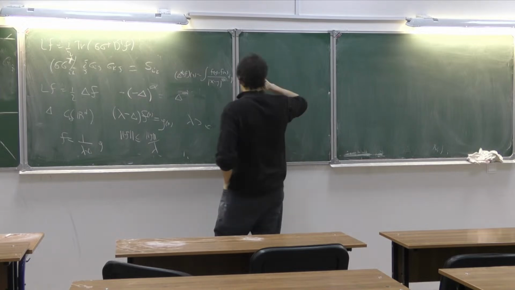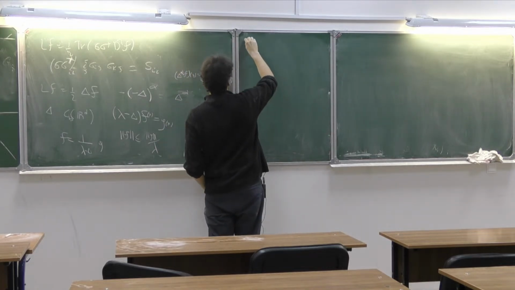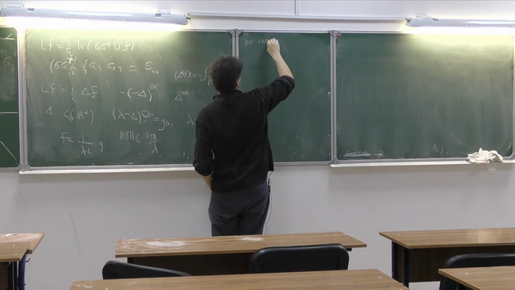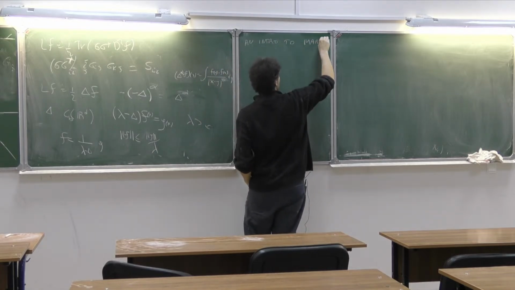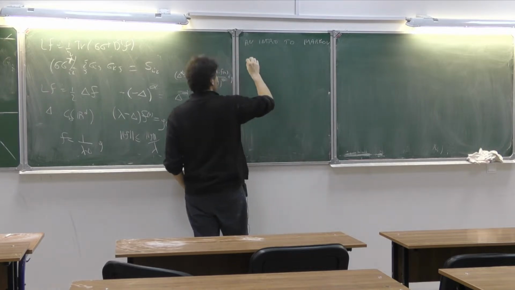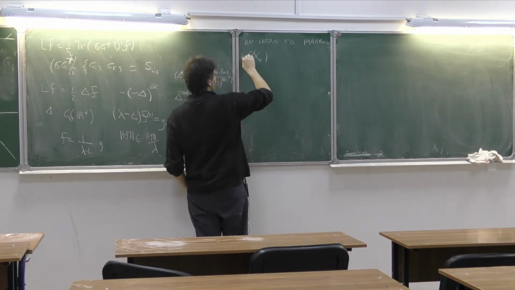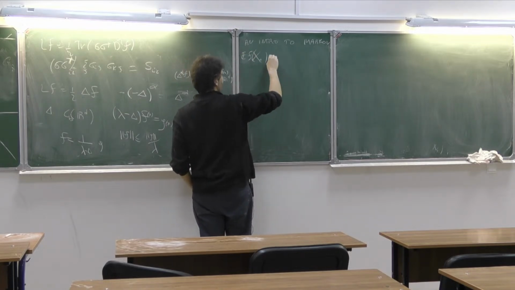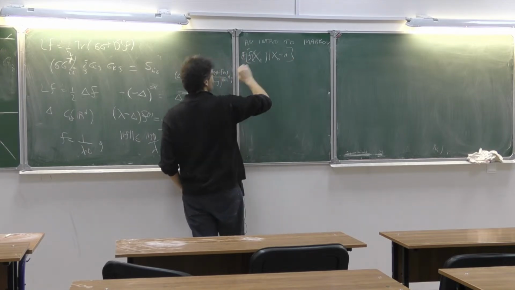A homogeneous Markov process. So let's completely erase everything and make an introduction to Markov processes. The basic idea is that if I have a process X_t, I can take a function f and compute something like the expected value of f of X_t, if I know I started at x.